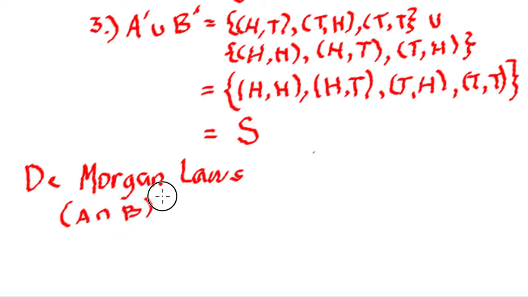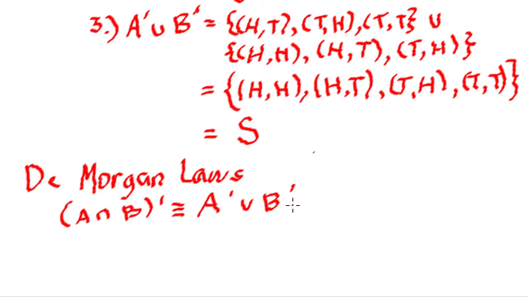A intersection B complement is, we say it's equal, or actually it should be equivalent, these are the three parallel lines, to A complement union B complement. So that is one of the De Morgan's laws.